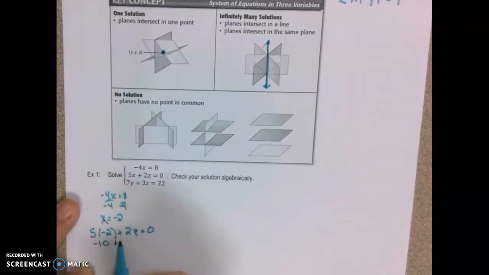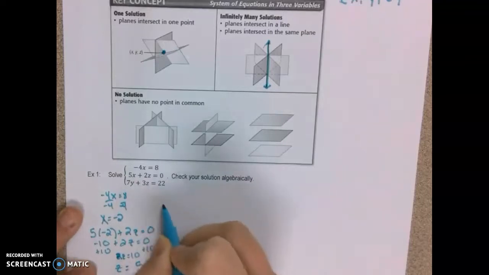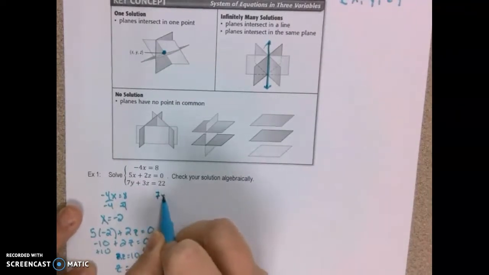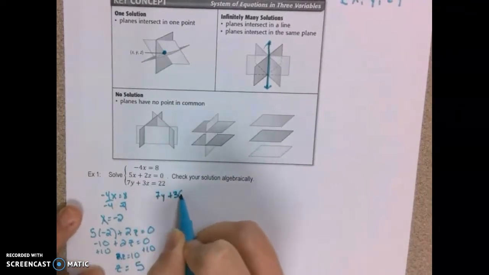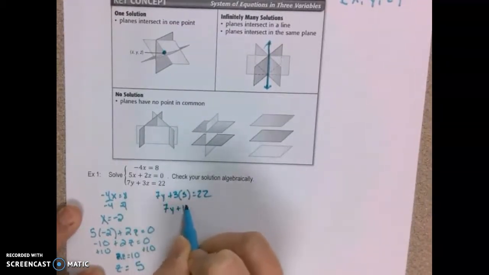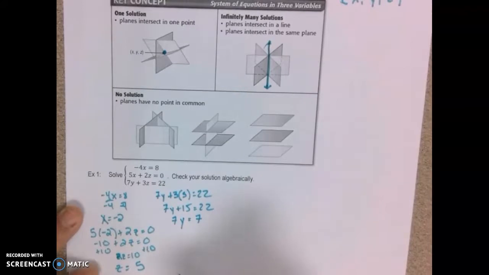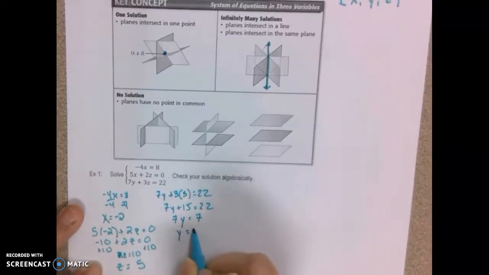Adding 10 to both sides gives 2z equals 10, so z equals 5. For our third variable, we use the third equation, 7y plus 3z equals 22. So 7y plus 15 equals 22. Subtract 15 from both sides, so 7y equals 7, and y equals 1.